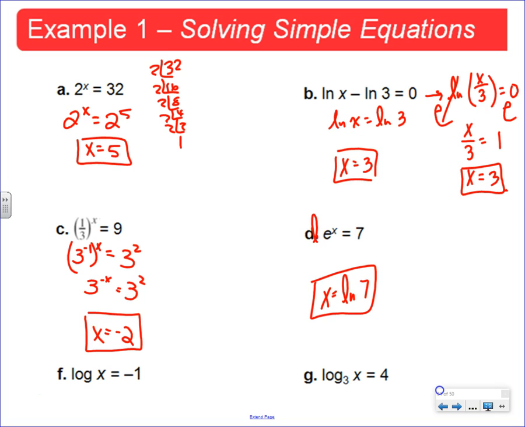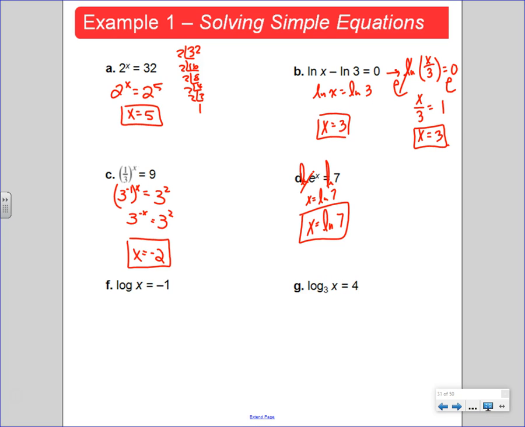So I can take the inverse, ln of e cancel, and I just get x equals ln of 7. How do I cancel out e? ln. Can anyone use the idea from letter D to try letter F?